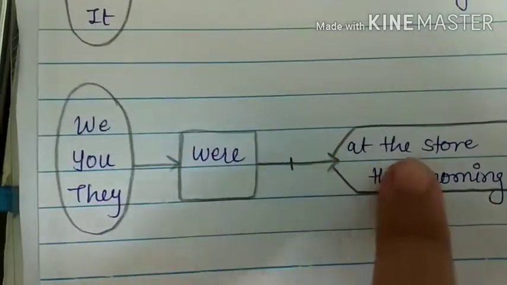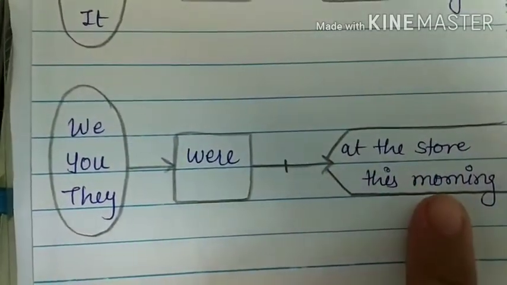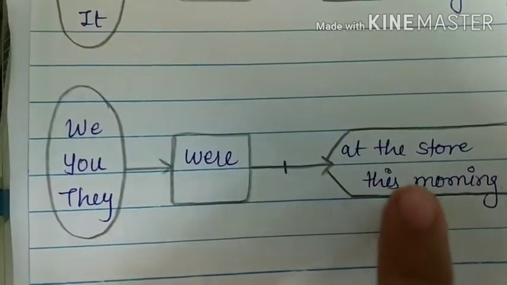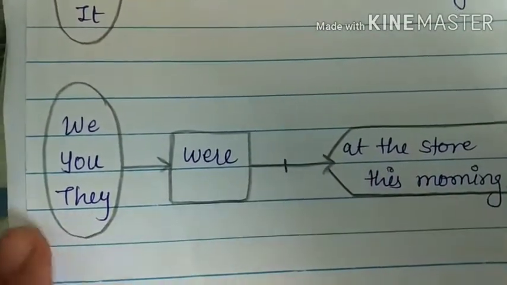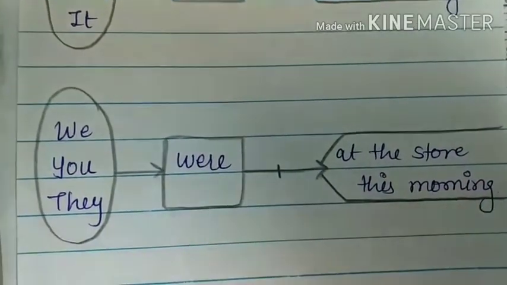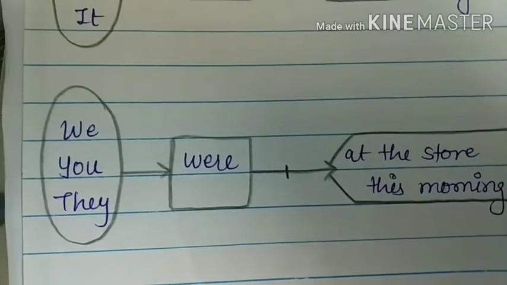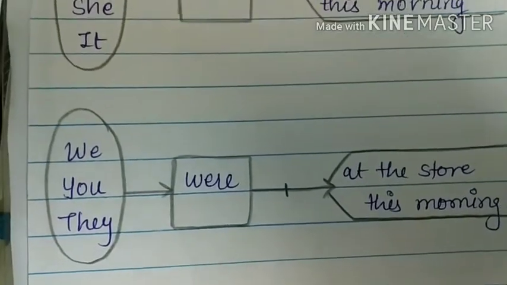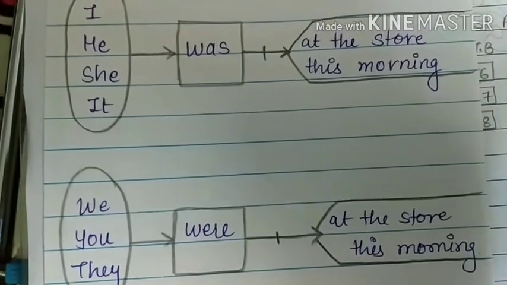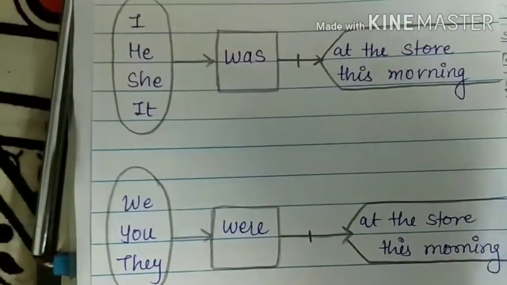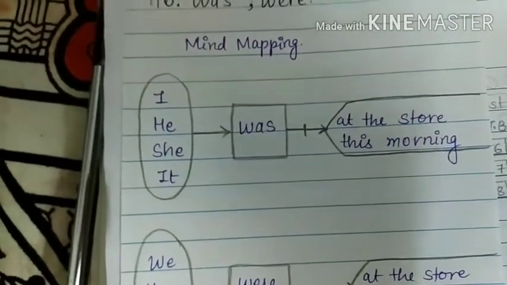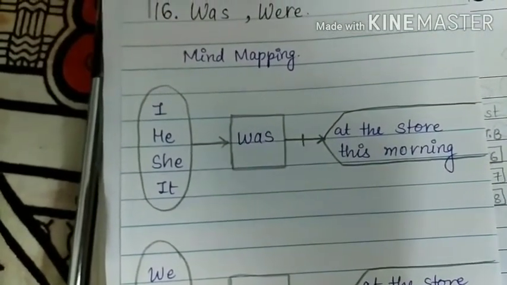We were at the store this morning. You were at the store this morning. They were at the store this morning. See how easily we had completed mind mapping? I hope that by this mind map you all understood the concept of was and were more nicely.